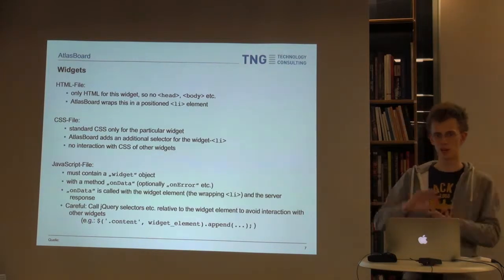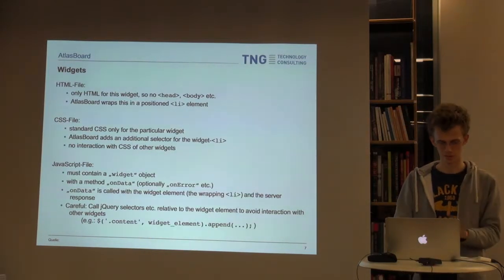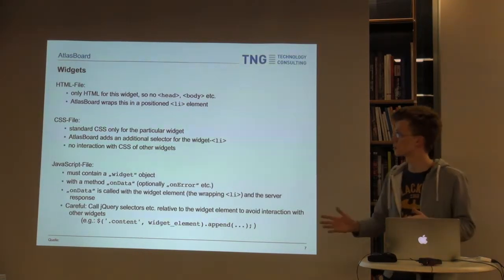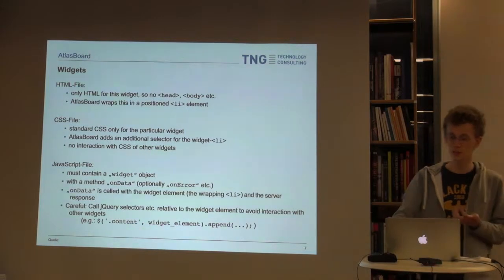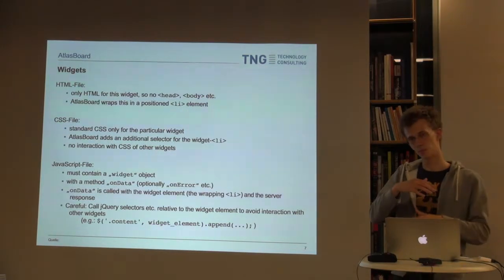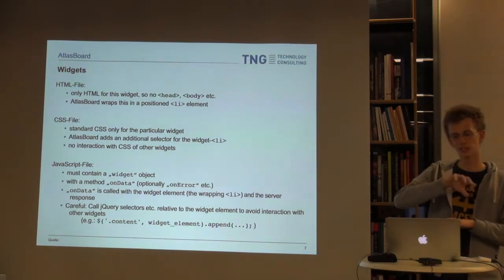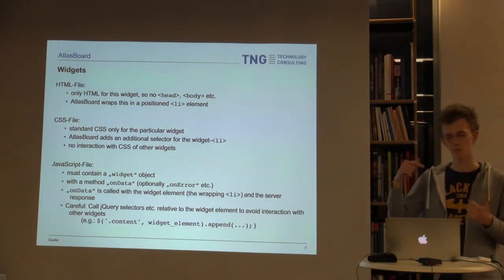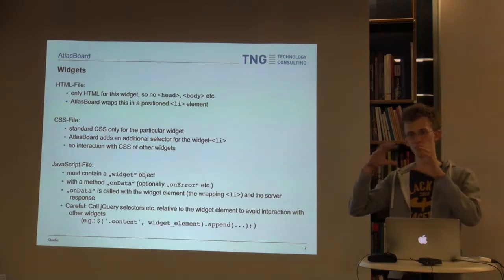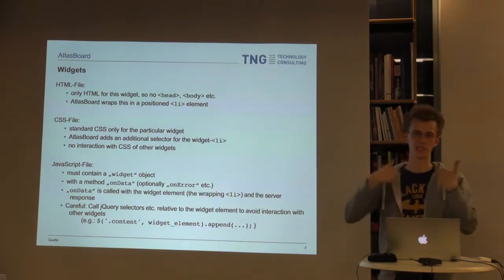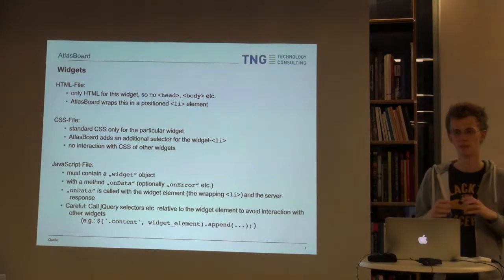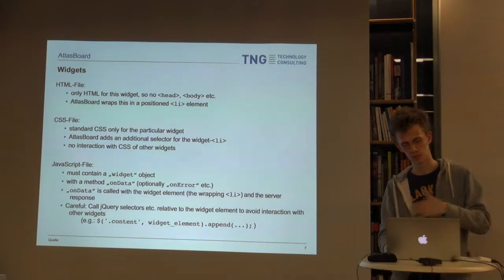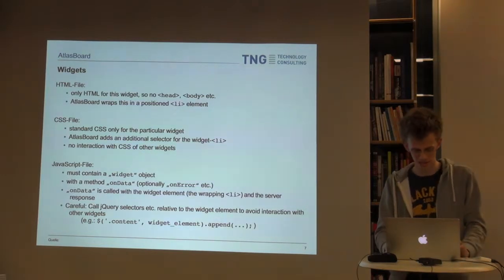So you don't need to do any of the layout stuff, it's all done for you. And then in the CSS file, you just write as you usually would. AtlasBoard adds an additional selector to your CSS for the widget list item element, so the CSS you write is only active inside that widget. So you can't interact with anybody else.